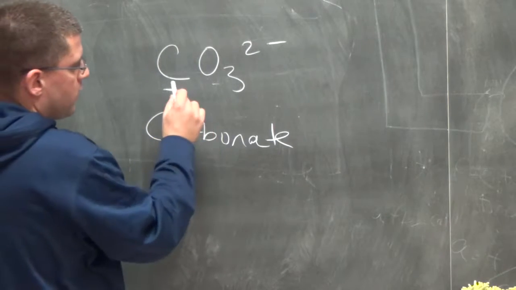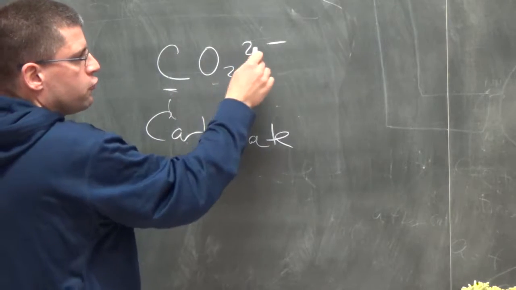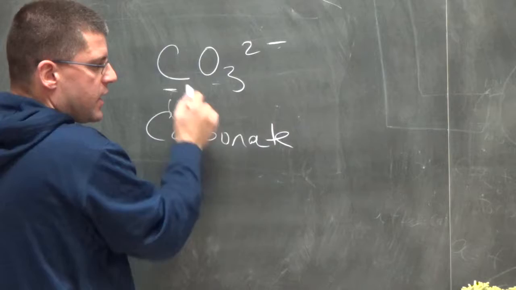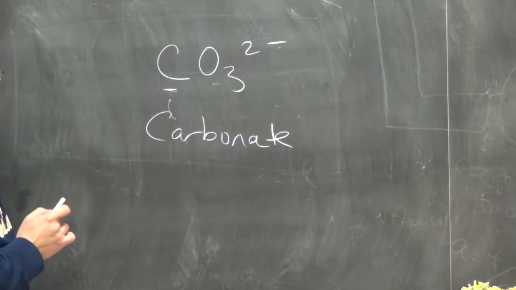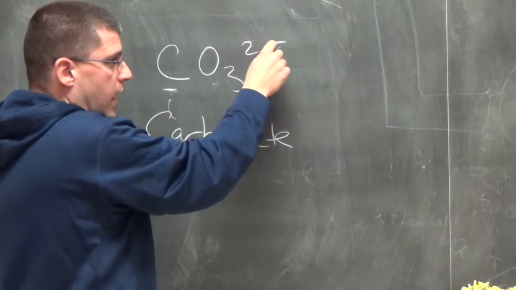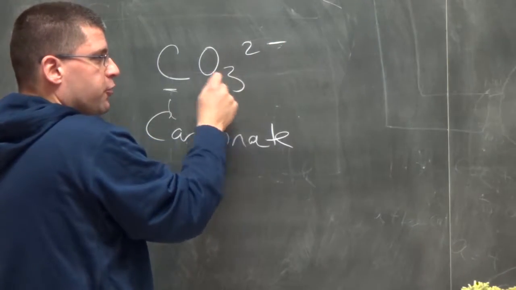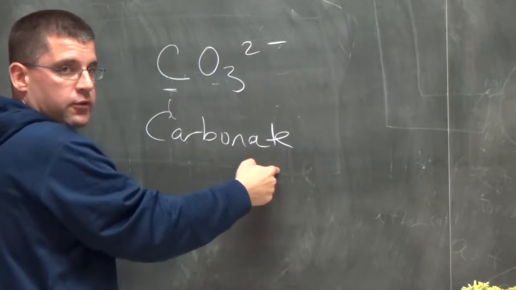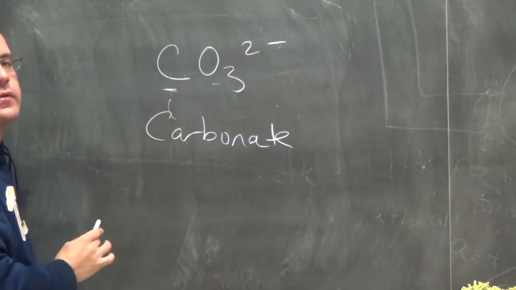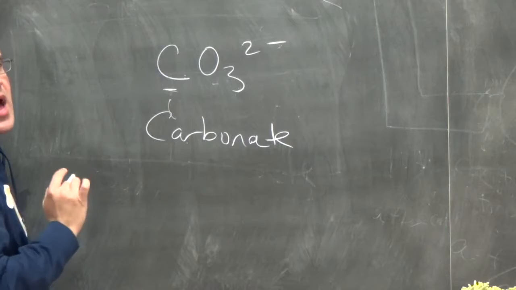So anyway, Timmy drank 2 of the 3 carbonated beverages sitting in the classroom, meaning sodas. So let's say it again. Timmy drank 2 of the 3 carbonated beverages in the classroom. CO3, 2 minus. We don't have a carbon ion; carbon doesn't really form an ion.